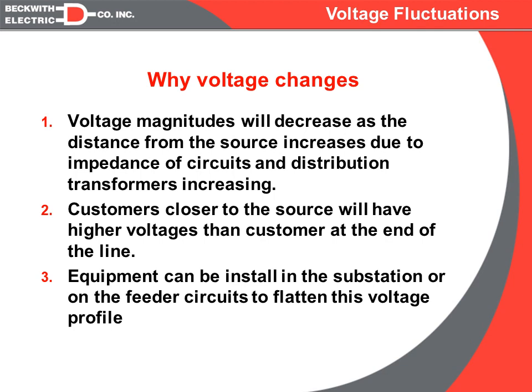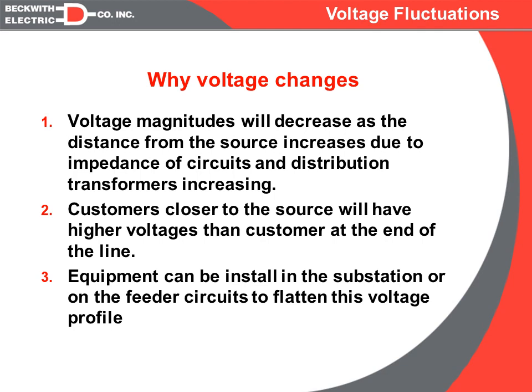So with that being said, typically the customer closest to the source will have the highest voltage at any given time, and the customer furthest away from the source, if we do not correct for the voltage, will have the lowest voltage. And as the load increases, the voltage drop will increase, and as the load decreases, the voltage drop will decrease. So our goal with IVVC is to try to find equipment that we can put across that circuit that will minimize the amount of voltage drop.